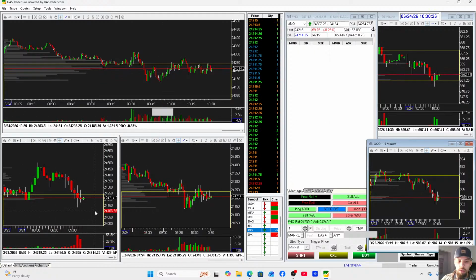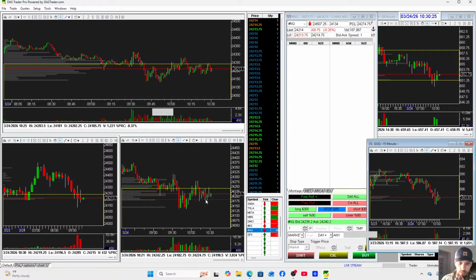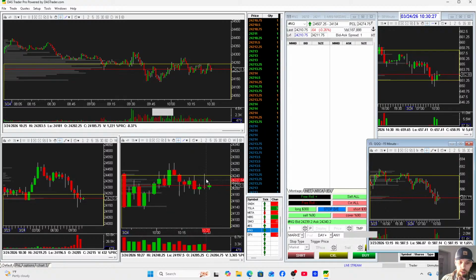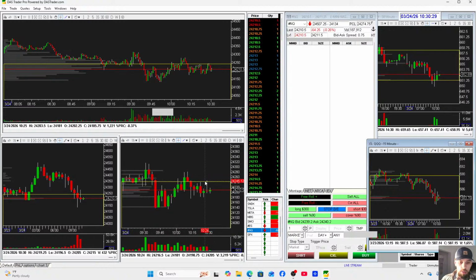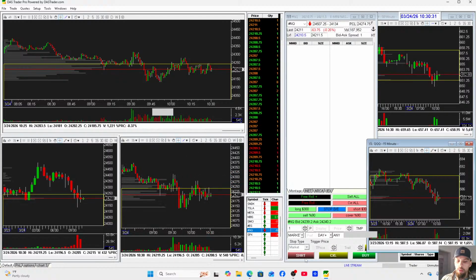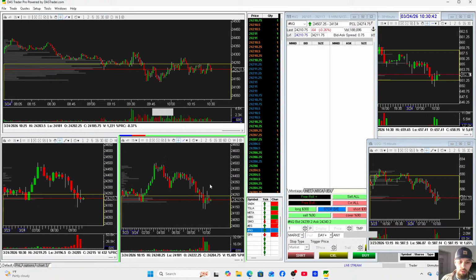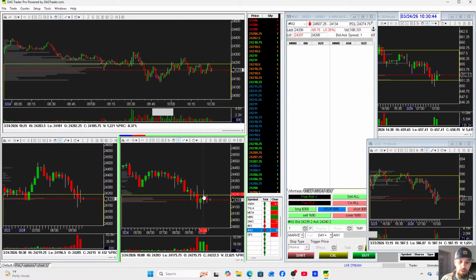Just watching the price action on it. Tested that box here nicely on the 3. 15 wedge.